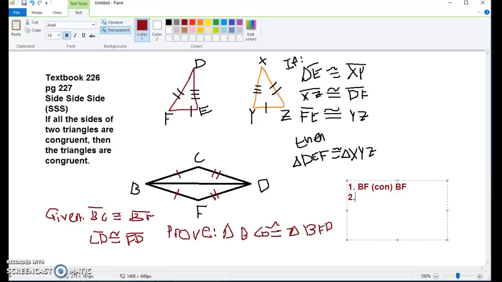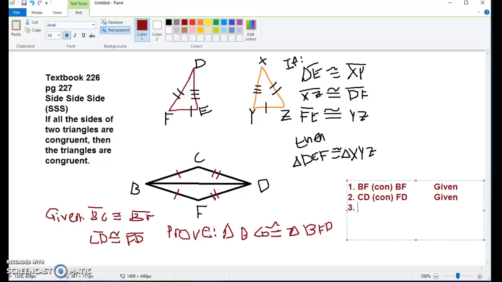And then for 2, I'm going to say that CD is congruent to FD. Now, the reason for this is given, and the reason for this is also given.